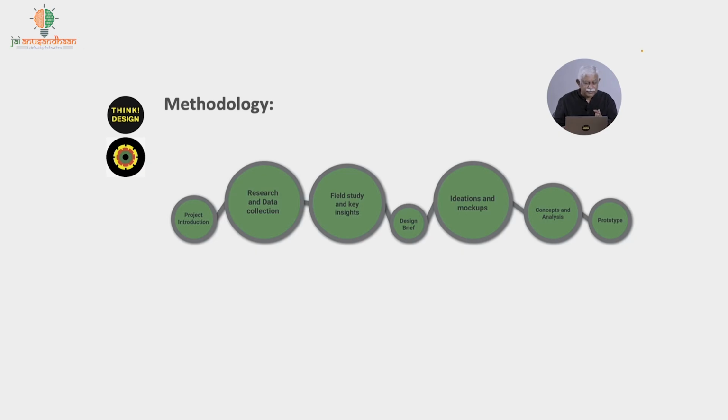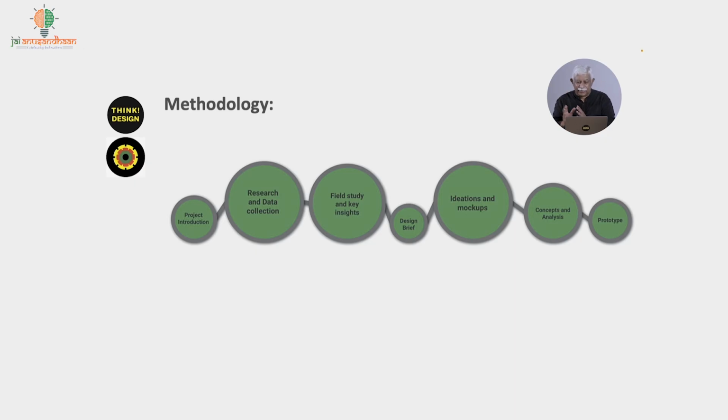Okay, first phase is of course the initial research and collection of data, the existing data as well as field studies, that is the next part of it. Okay, and the key inferences from this field study followed by reframing the problem statement which we called as design brief here.